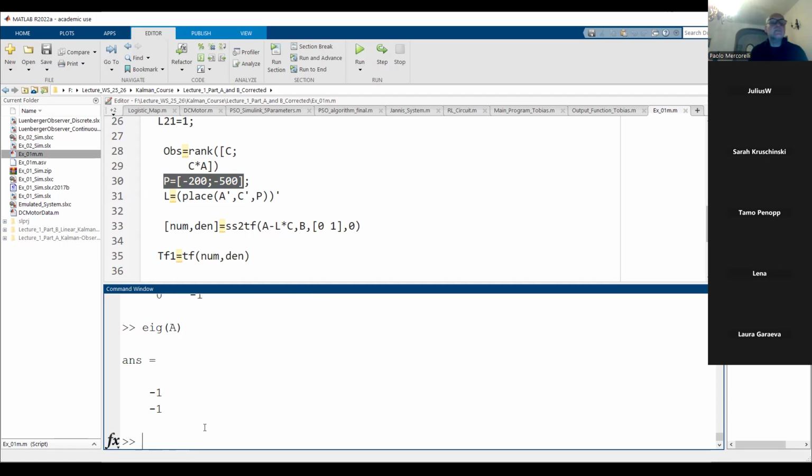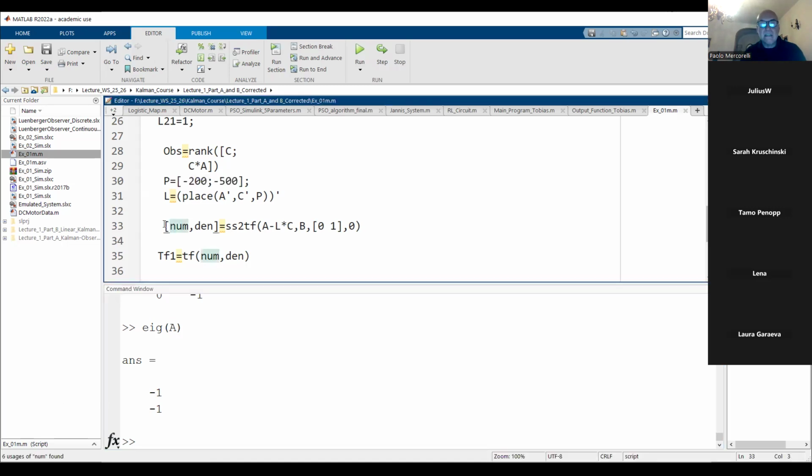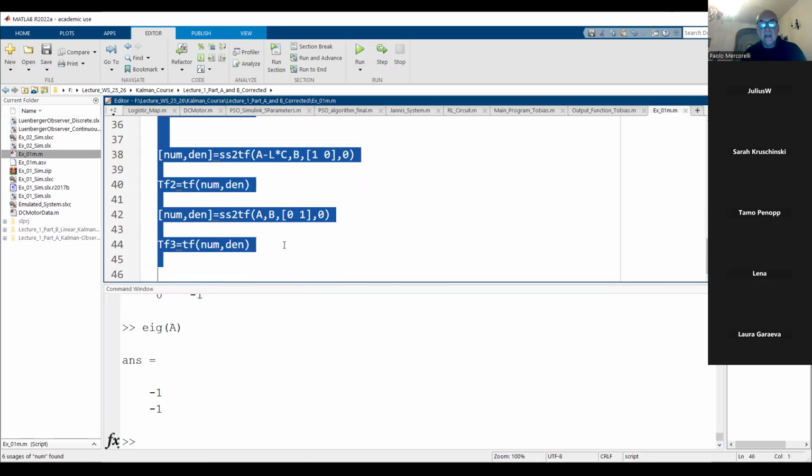If you consider minus 200, minus 500, we can see that the eigenvalues of the observer are at least 200 times faster. Engineers understand this probably better, because a larger eigenvalue in negative form means faster dynamics. At this moment, I don't want to tell you about this because this is for advanced courses.